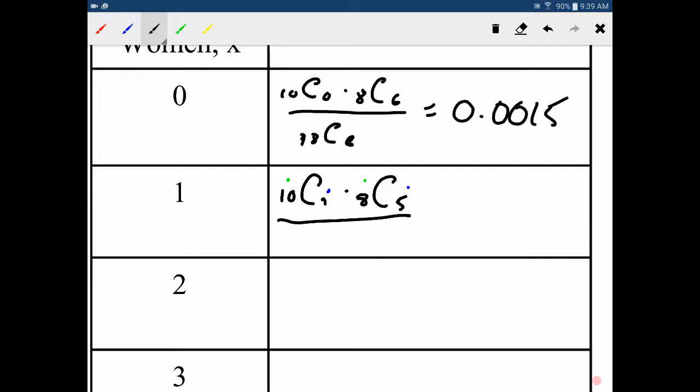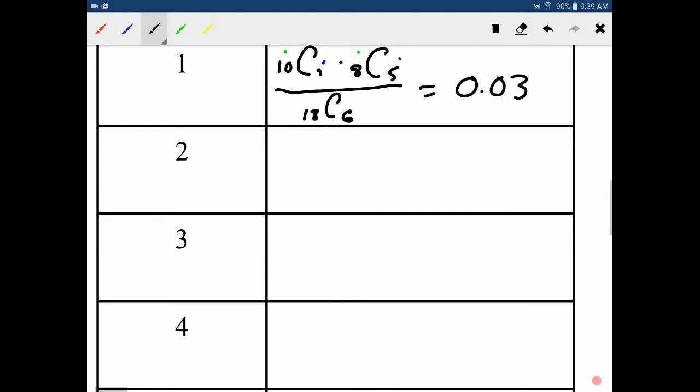On the bottom we'll have 18 choose 6, and that's going to give us 0.03. Next, 10 choose 2 times 8 choose 4, still over 18 choose 6. The bottom shouldn't change as you go.